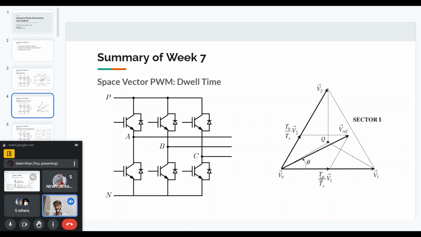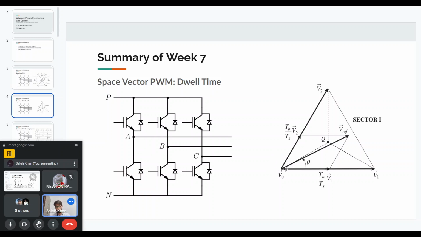This Ta and Tb we can calculate based on Vref and the DC voltage, using this vector analysis. Then the rest of the time will be for the zero vector.